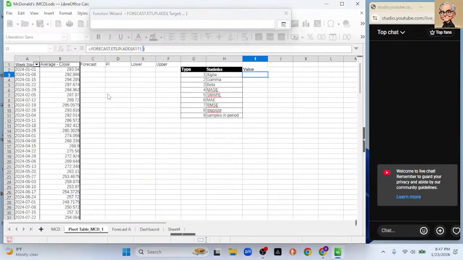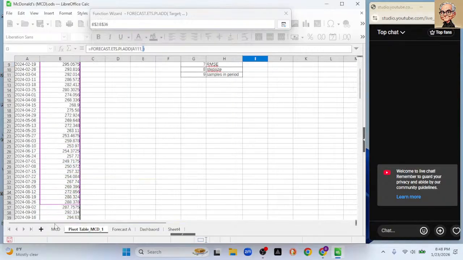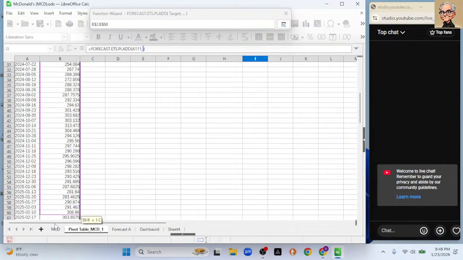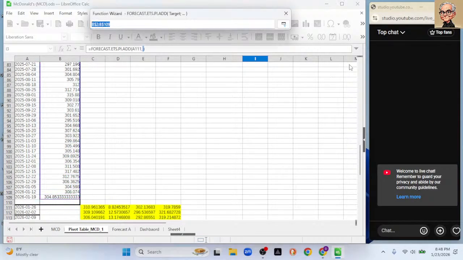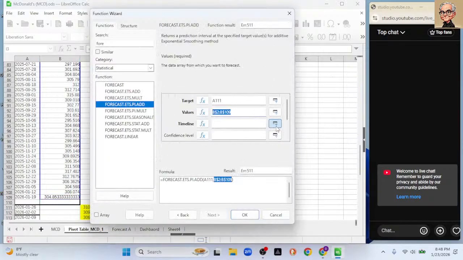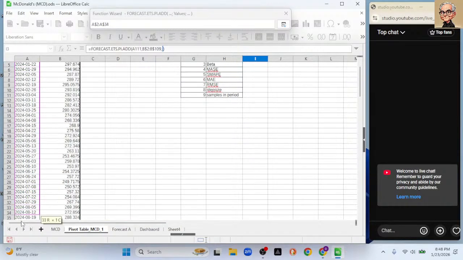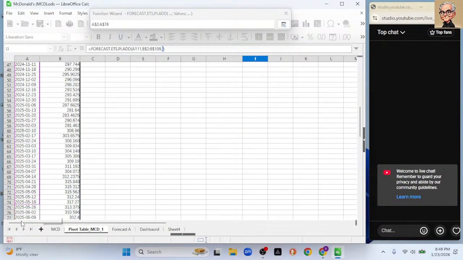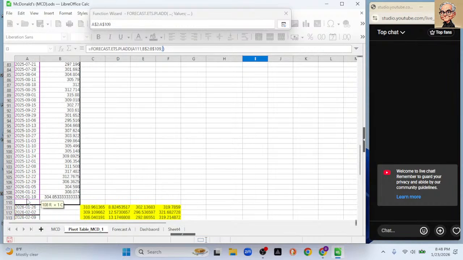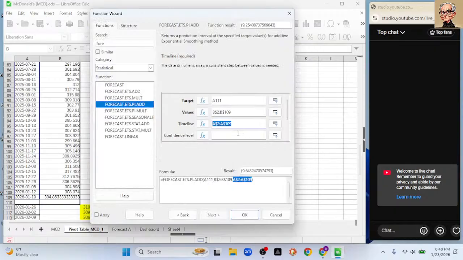Values is this. Timeline. Confidence interval.